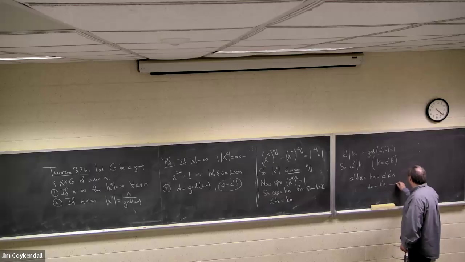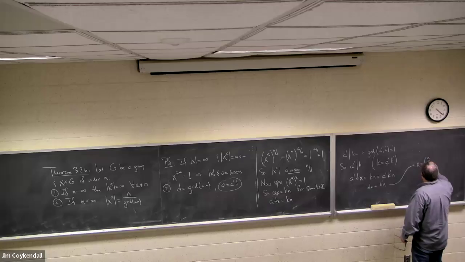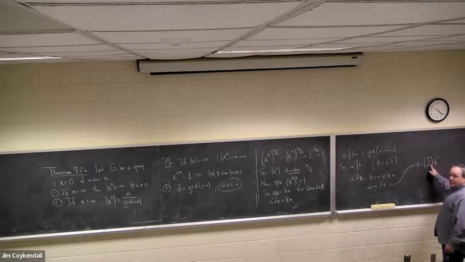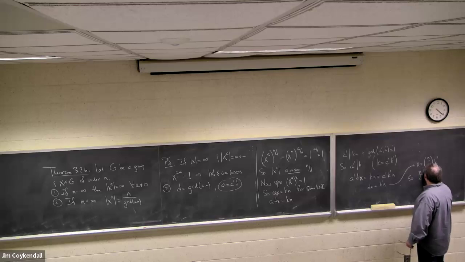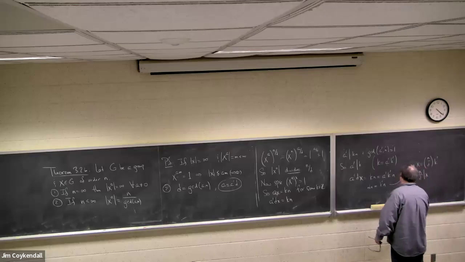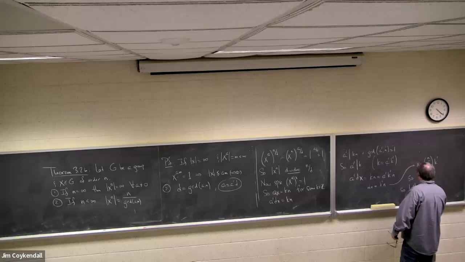And so what does this mean? It means k equals n over d times j'. Remember, n over d is an integer because d was the greatest common divisor of a and n. So what this says is that n over d divides k. And so this establishes what we got: the order of x^a is n over d.